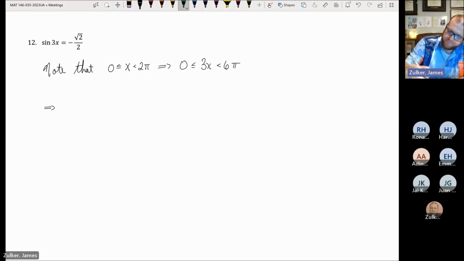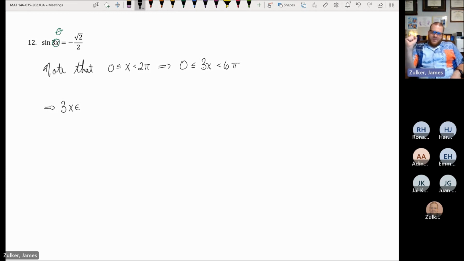Think of this 3x as a single angle theta, because that's essentially what we're going to do. That would mean that theta is between 0 and 6 pi. I'm going to leave 3x here. But where does sine of theta equal negative root 2 over 2?